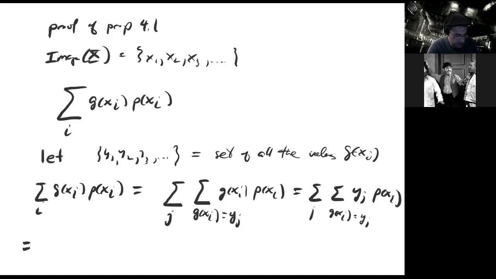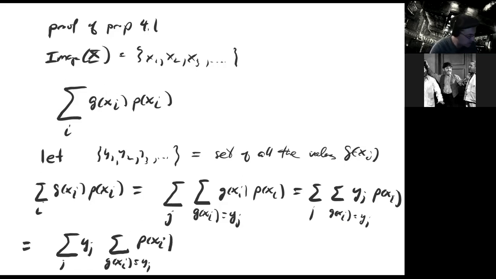Right, so now what I can do is move the Yj through the summation sign. So that's the sum over j of Yj times the sum over g of Xi equals Yj of p of Xi.